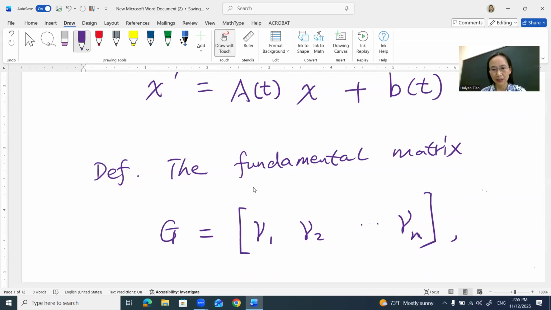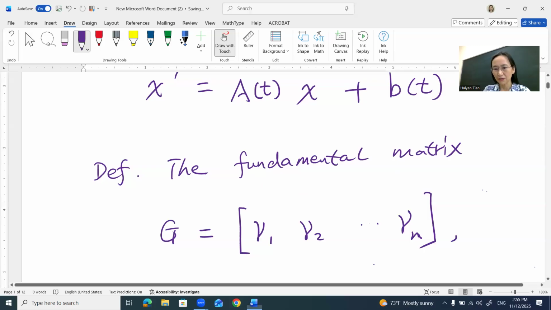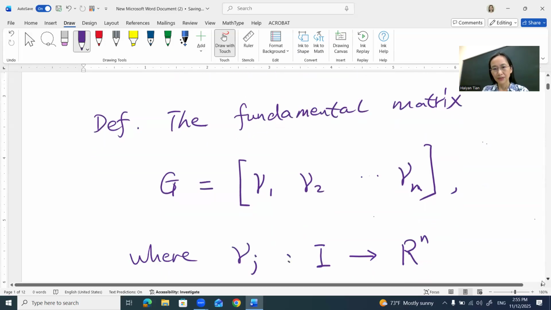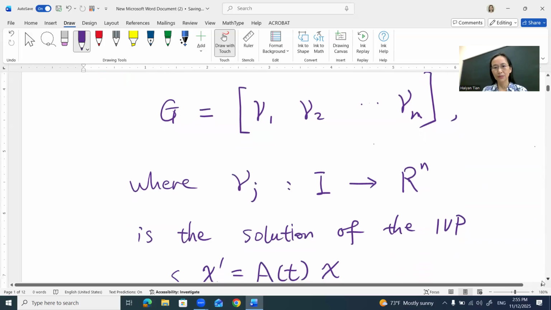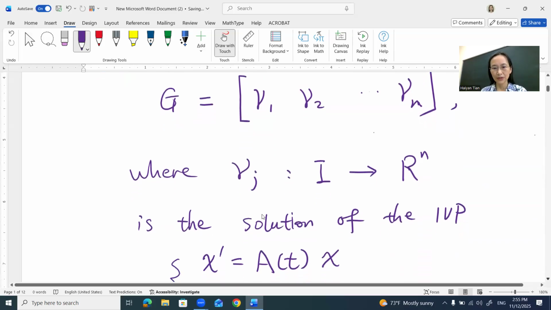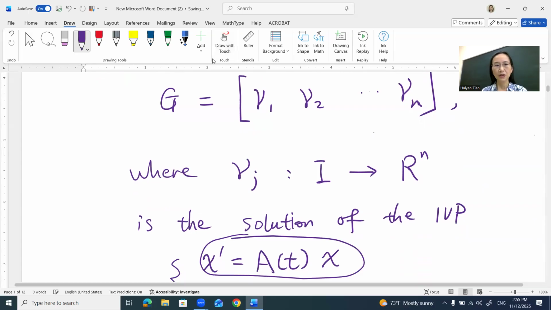First column, we call it gamma 1, gamma 2, and gamma n, the n columns of the fundamental matrix. They are solutions of the corresponding homogeneous problem.